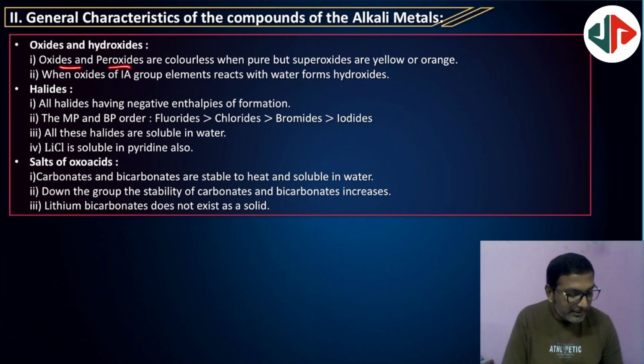Oxides and peroxides are colorless, but superoxides are yellow or orange due to the presence of unpaired electrons. So color is due to unpaired electrons.